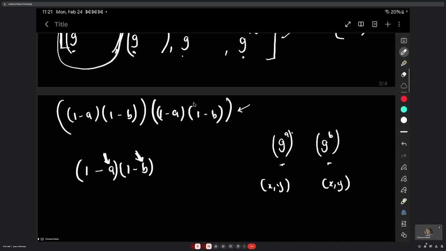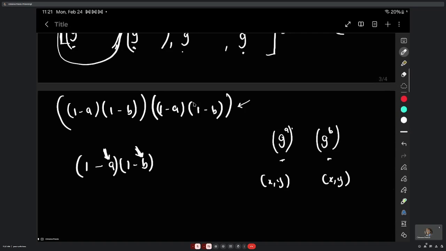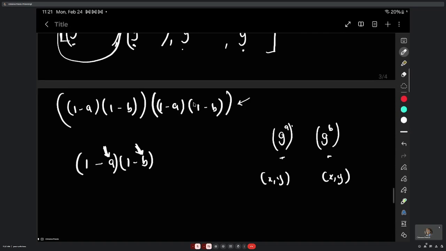So this A here is actually tau for A. Since it's two variables, you need a tau for the A variable and a tau for the B variable. So this A and B are actually the taus.